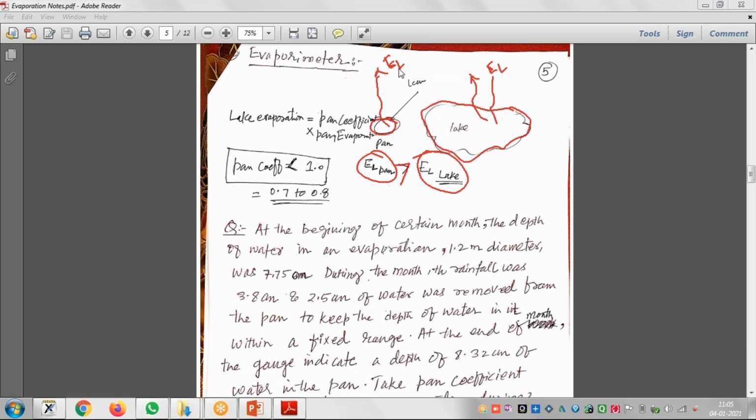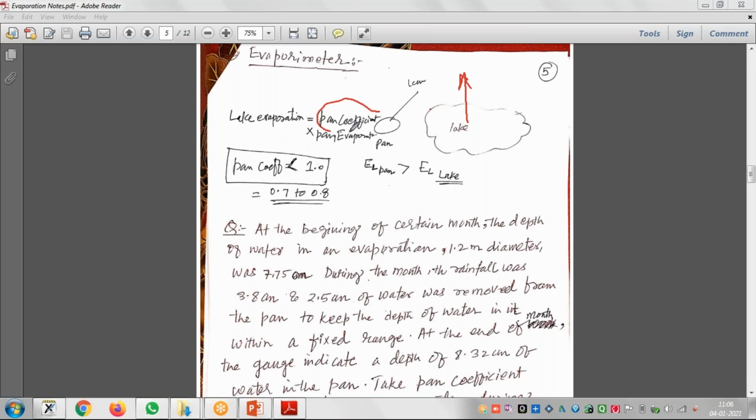So what we do, we consider that this pan nearby the lake represents the evaporation from the lake, right? But obviously they are not similar, so we know that this is not similar. So we have introduced one coefficient that is called the pan coefficient.